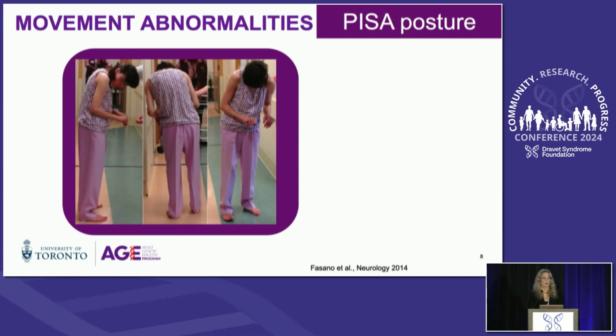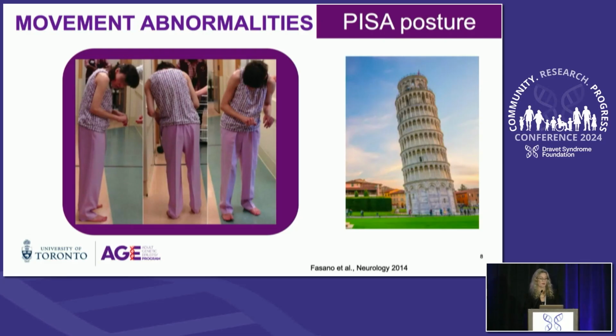The other problem that we saw is that sometimes the patients tend to have this posture where they lean to one side, and for obvious reasons, this was called the Pisa posture, so not very creative neurologists.